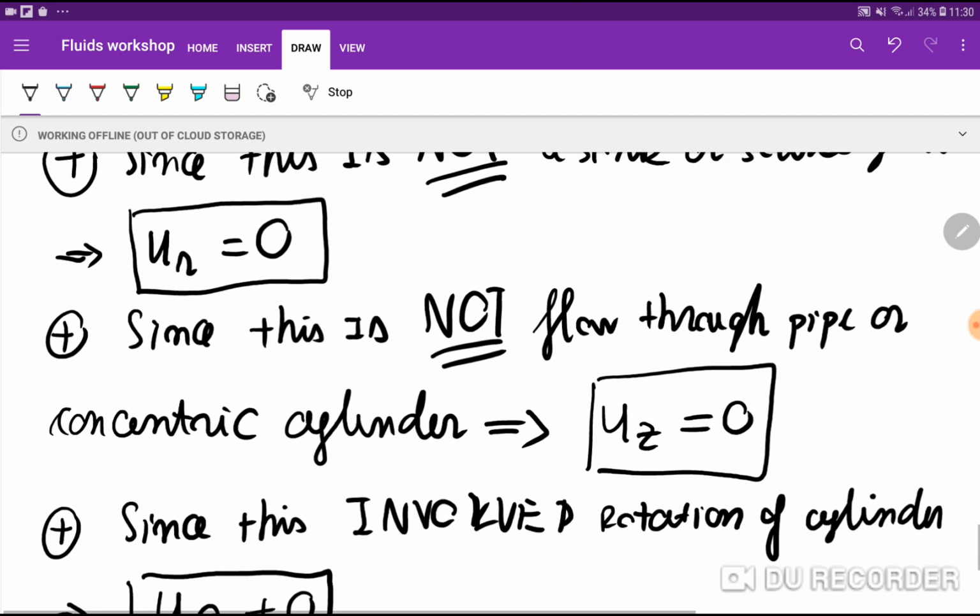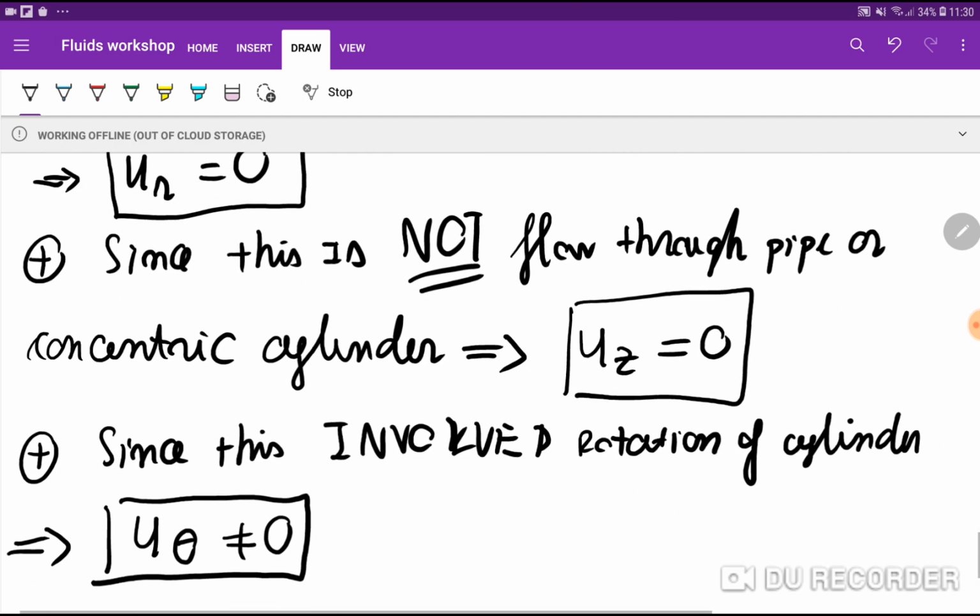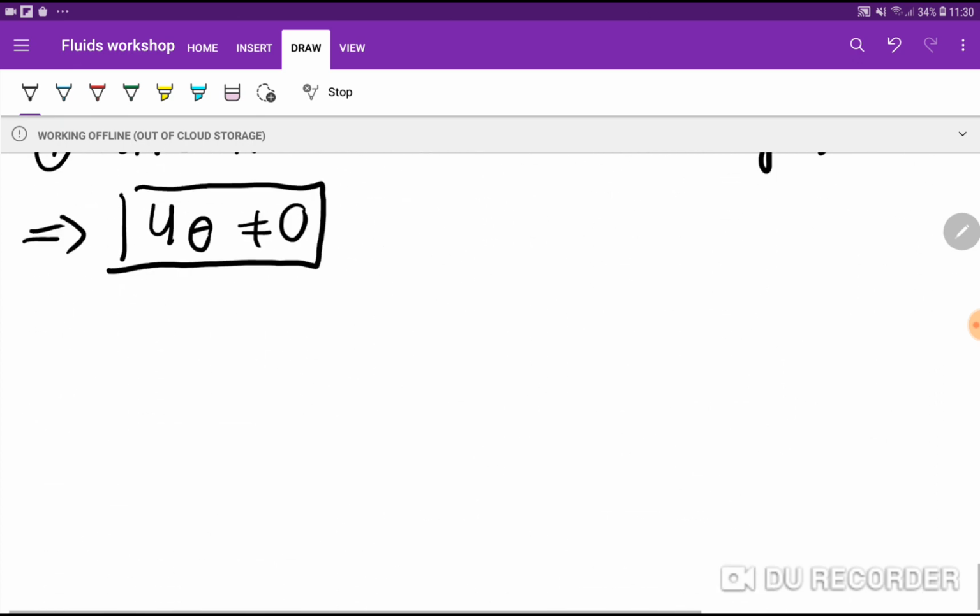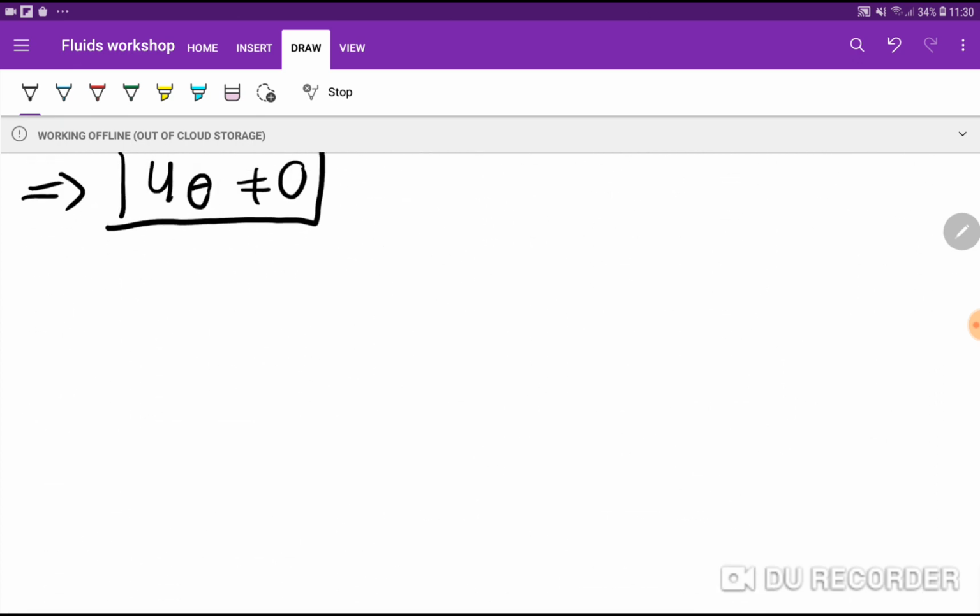After you determine which velocity components are zero and which are not, let's move on and write the Navier-Stokes equations and see what we can get from that.